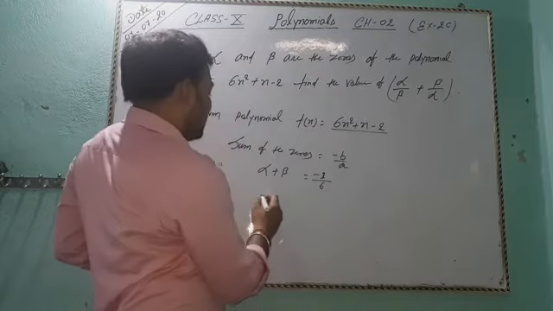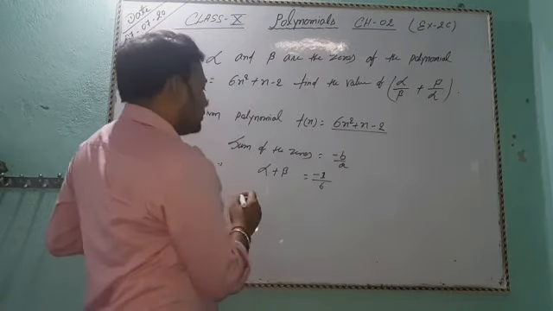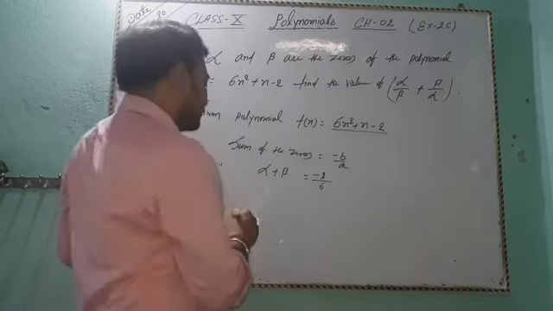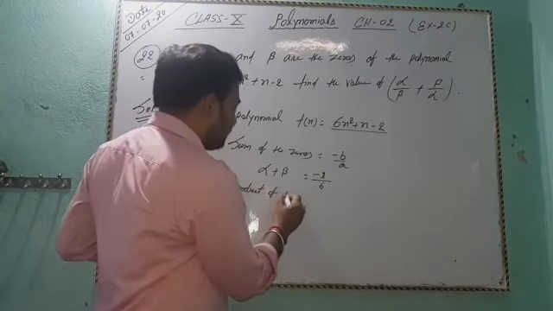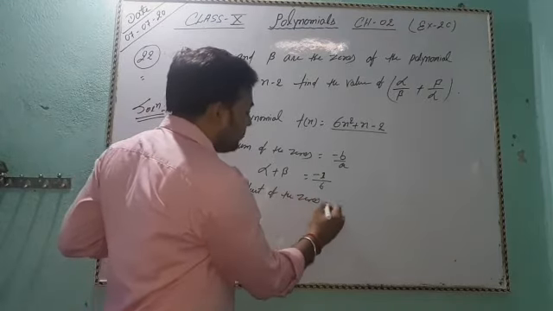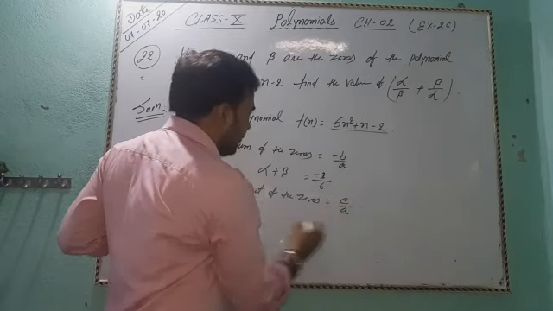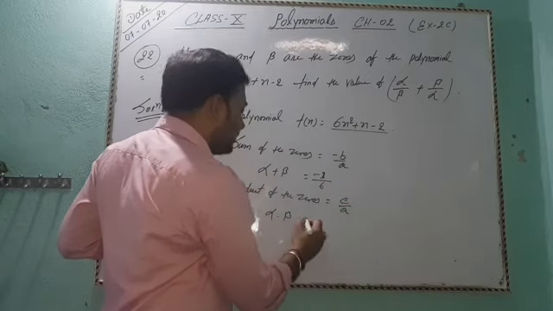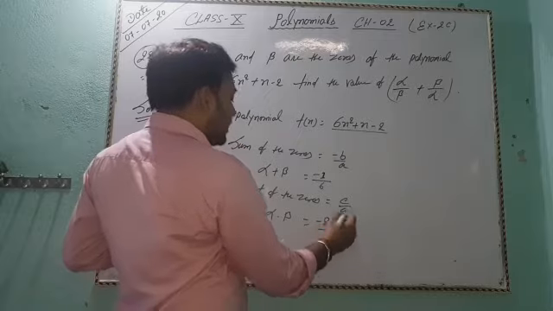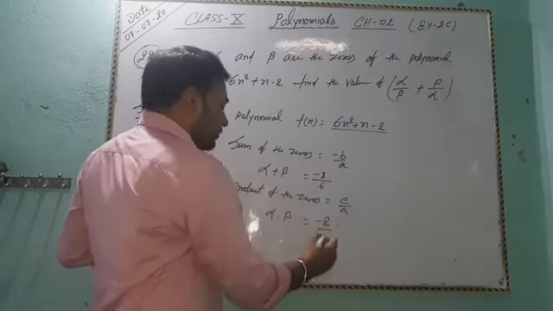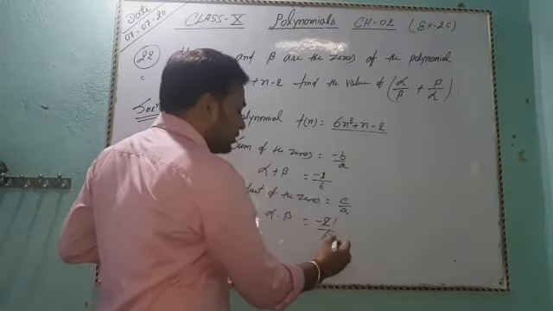And product of the zeros, it means alpha into beta, product of the zeros equal to c by a. So it means alpha into beta equal to c, the constant term, that is minus 2, and a is the coefficient of x square, 6. 2 1 is 2, 2 3 is 6.